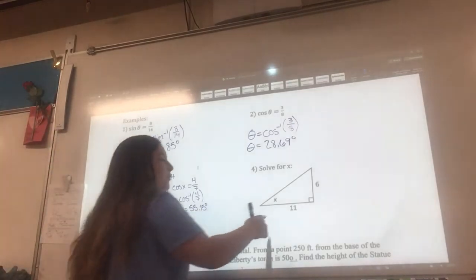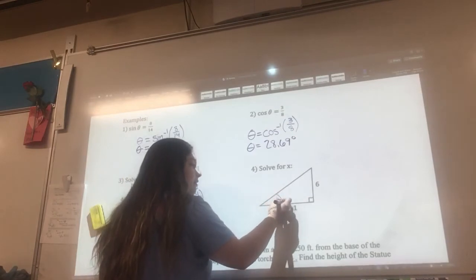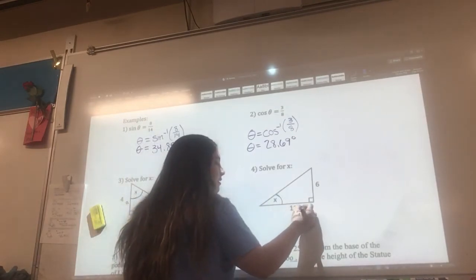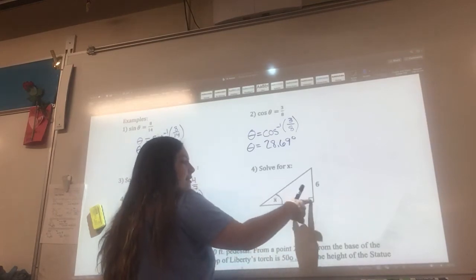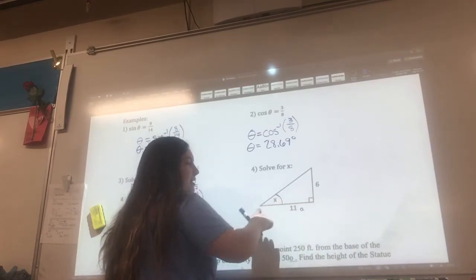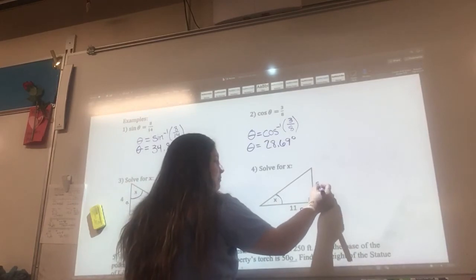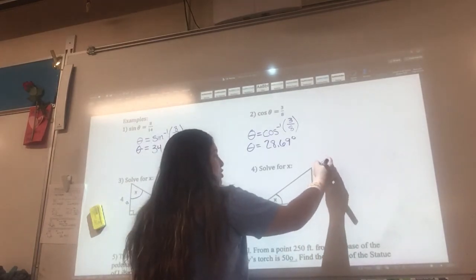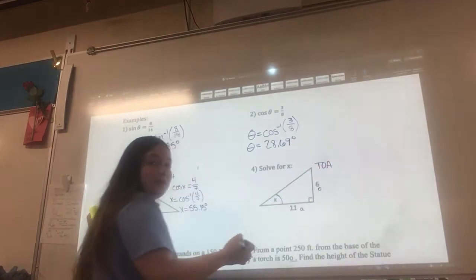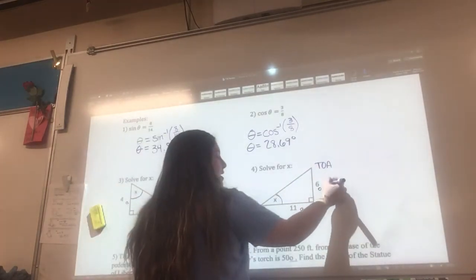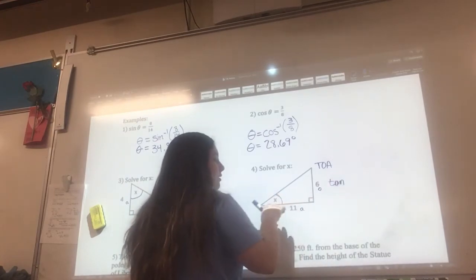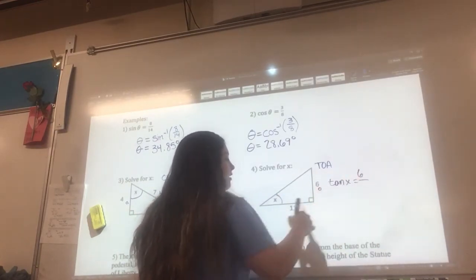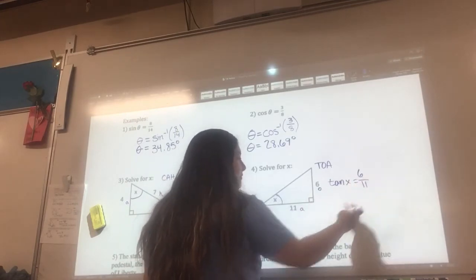Number 4, we are given this angle here. We are given that 11 is touching it, so this is our adjacent. There is nothing on our hypotenuse opposite of our 90, and 6 is opposite of our angle. We have OA, so that means we have TOA. Okay, so it means we're using tangent. So we say tangent of our unknown x equals opposite of 6 over our adjacent of 11.